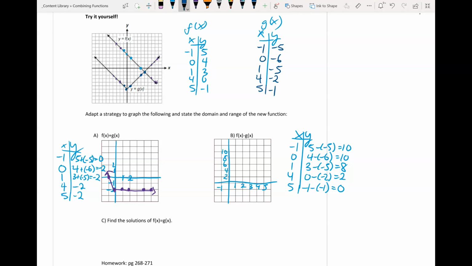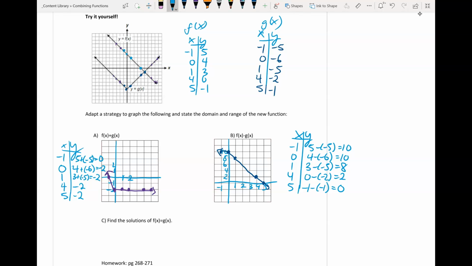Then we'll graph these points, -1, 10, 0, 10, 1, 8, 4, 2, 5, 0. And connect these points and then extend them a bit. If you want to, you can find your points for x equals -2 and x equals 6, but the pattern will continue.